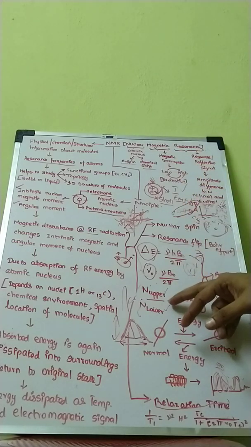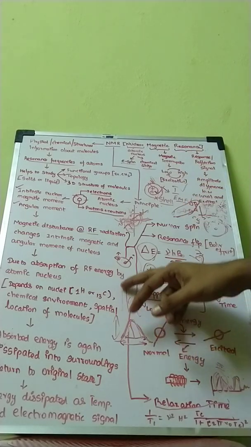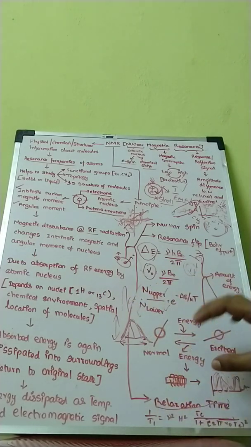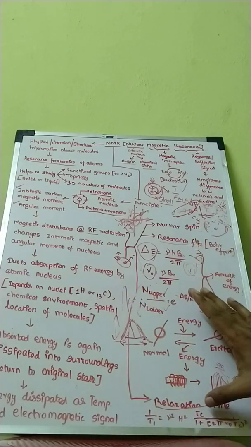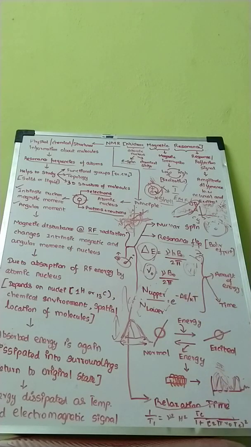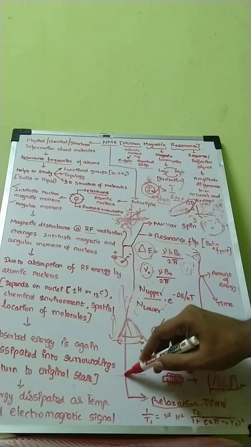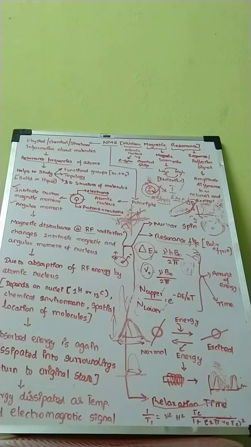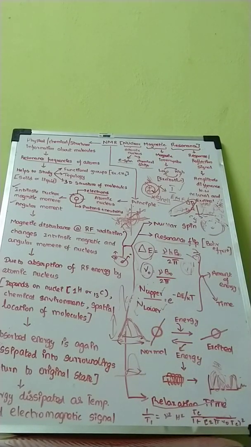Then you relate this value with another concept called relaxation time. When you integrate the resonance flip and relaxation time, you get a peak, and this peak denotes one particular atom. Clear? So this is how nuclear magnetic resonance works.